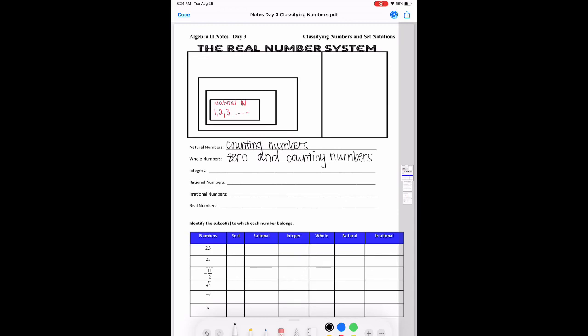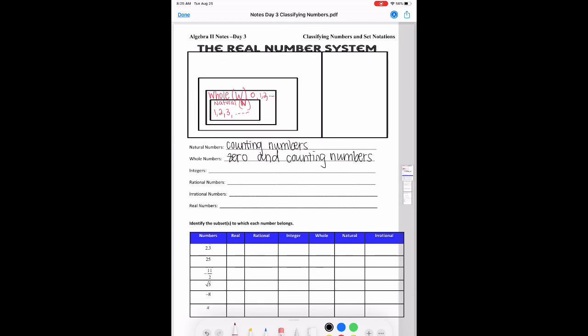Notice I'm going to write whole in this box here. We represent whole numbers with a capital W, and this box encompasses natural numbers. So not only does whole numbers include 0, it also includes the numbers in the natural numbers box, so 1, 2, etc.